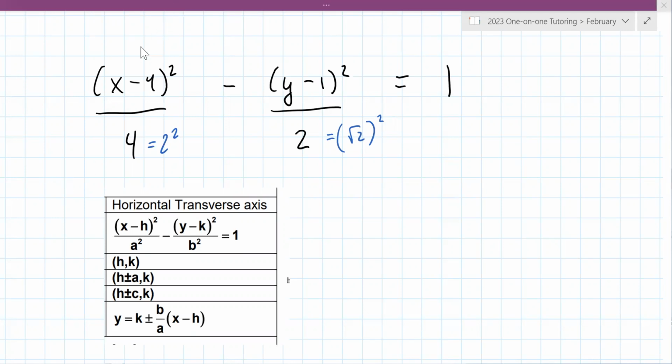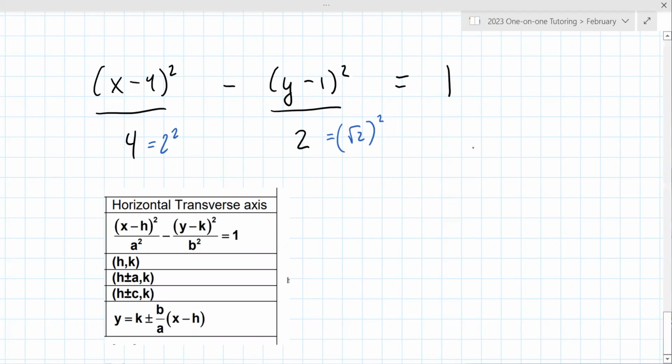So you have to find H. Do it over here. H, K, A, B, and C. And so H and K come from the parentheses. What's H and K here? H is 4. 4, good. K is 1.